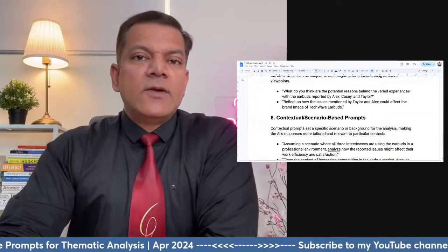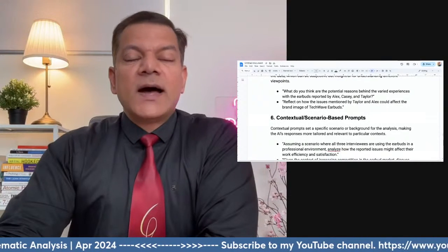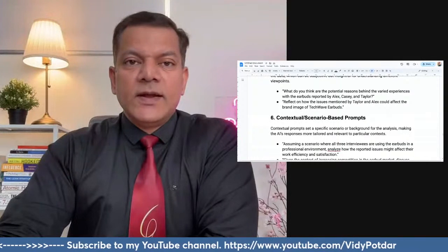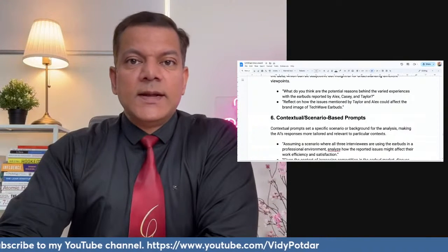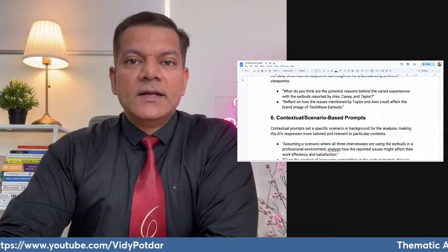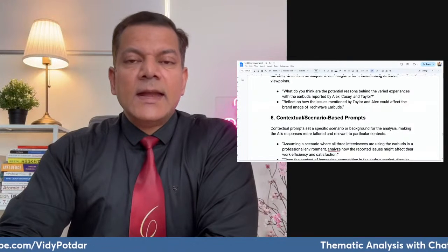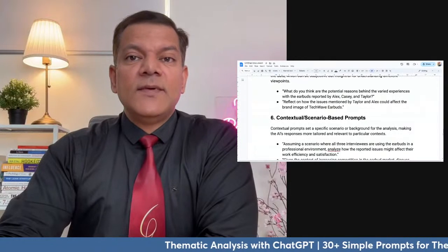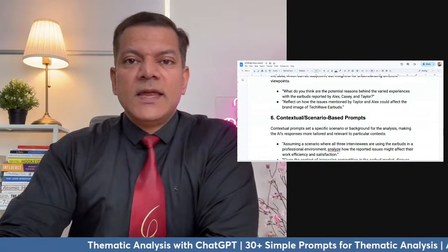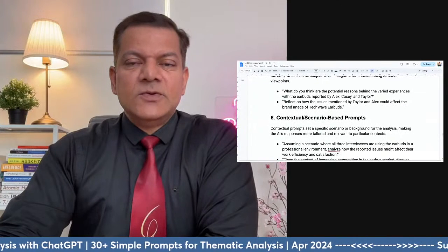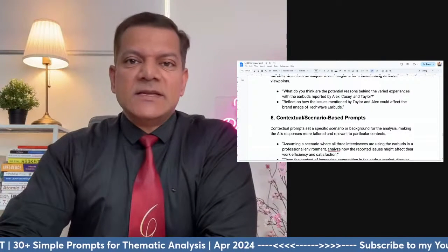By doing that, you will have a very fast way to organize your qualitative data, parse through it and study what different themes and codes you can generate, and speed up your whole data analysis process and make it very, very thorough. That is very important with qualitative analysis using ChatGPT.